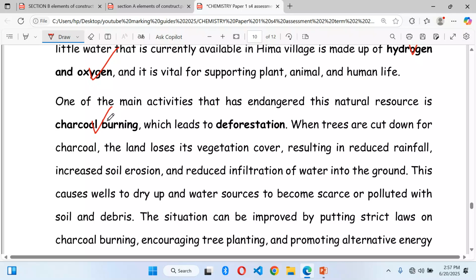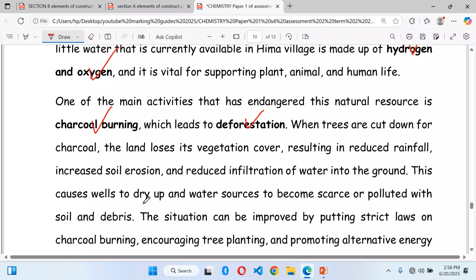So we're saying that charcoal burning leads to deforestation. Now we are explaining how it leads to this and how it affects our water. When trees are cut down for charcoal, land loses its vegetation cover, resulting in reduced rainfall, increased soil erosion, and reduced infiltration of water into the ground.